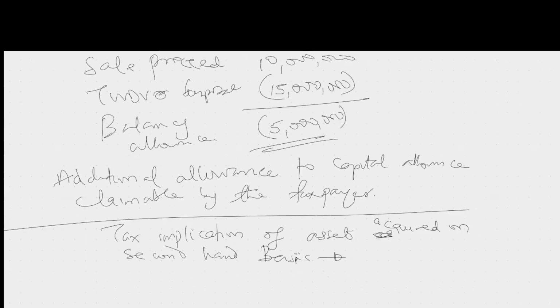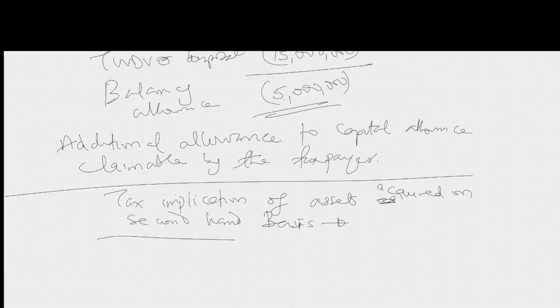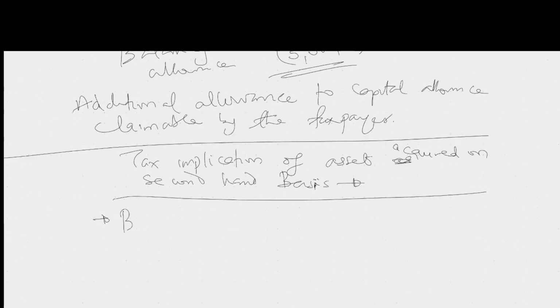Okay, let's go ahead. What is the tax implication of assets acquired on second-hand basis? The first one, we will talk about building. When a building is acquired on second-hand basis, the following is the position of the Act. No initial allowance will be granted. For those of you that have my textbook, you will see all this process there. No initial allowance will be granted.